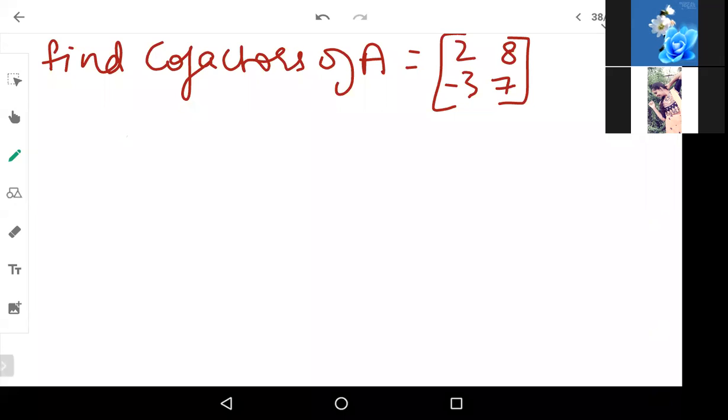Now, the cofactor of this matrix, let us find out. And first and foremost, write the formula.